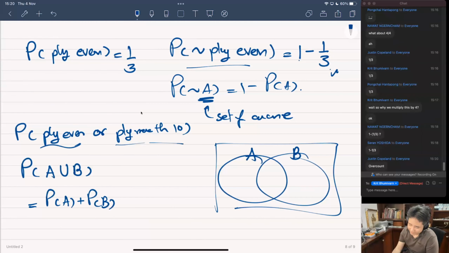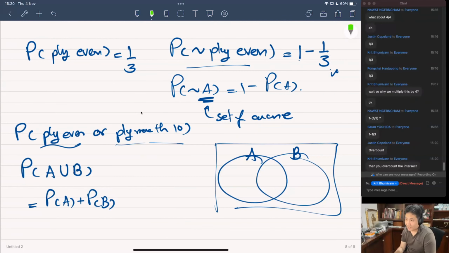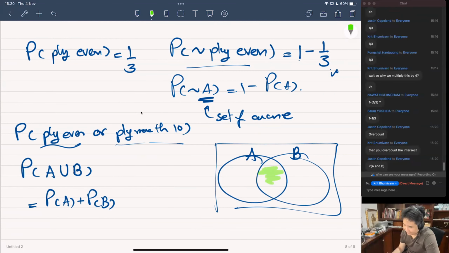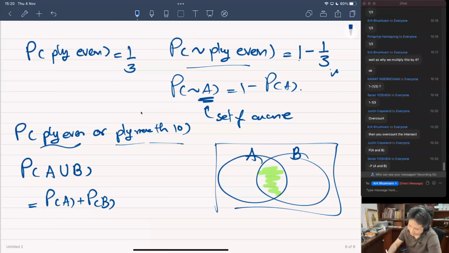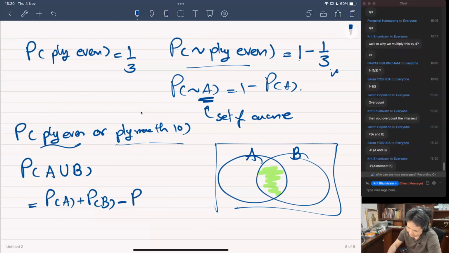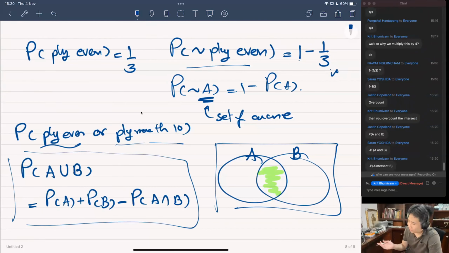Where did you overcount? You overcount the intersection, right? So how do we fix this, so that we count it correctly? Good. You just subtract off P of A and B. That's another rule that you learn, but you can get it by drawing a picture in 5 minutes.